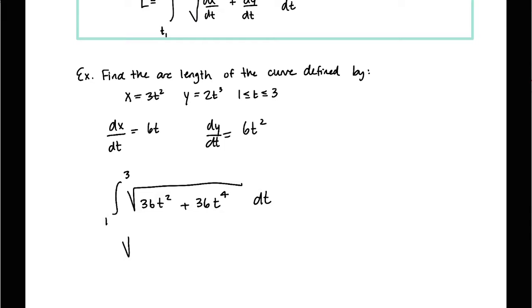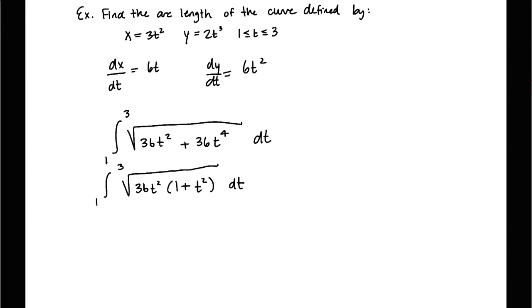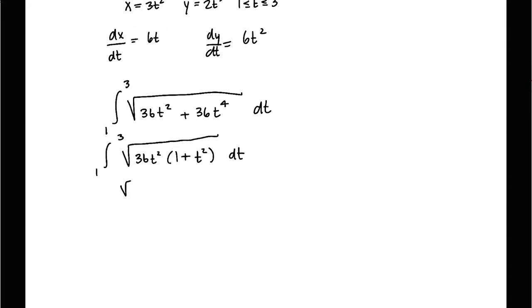And that gives us, we're computing that integral, and when we compute the square root here, thinking about what is going to be helpful, if we broke this integrand up into square root of 36t squared times the square root of 1 plus t squared, I think that would help tremendously.